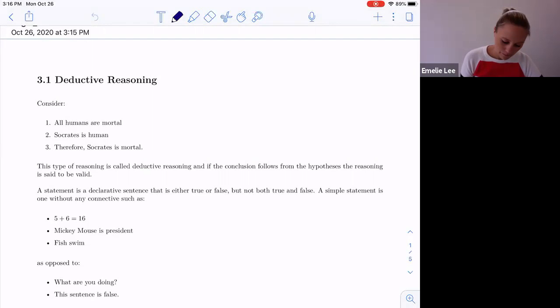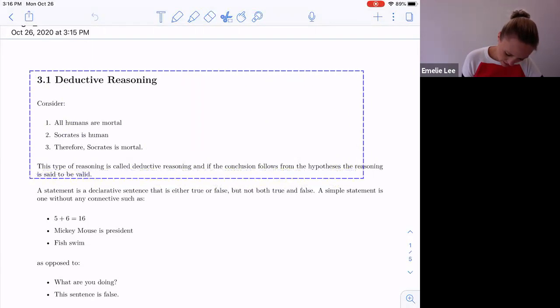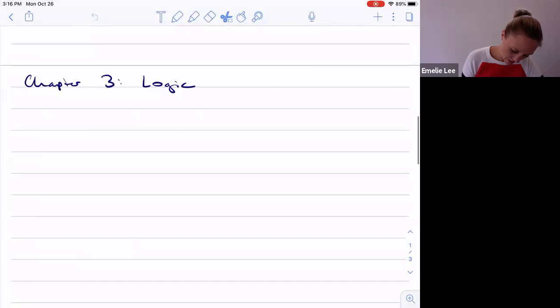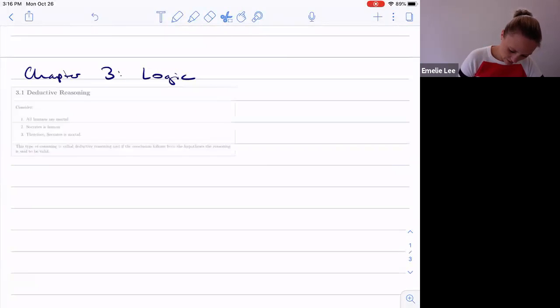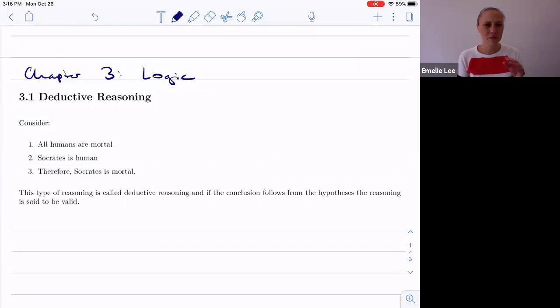All right, so let's see here. Last time I typed up notes for you guys, I was writing inside the note. It got really messy. So anyways, here we are.